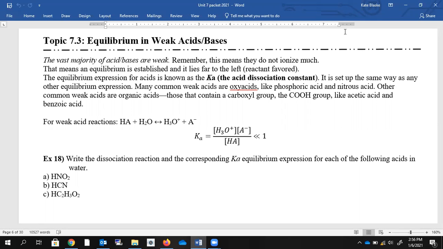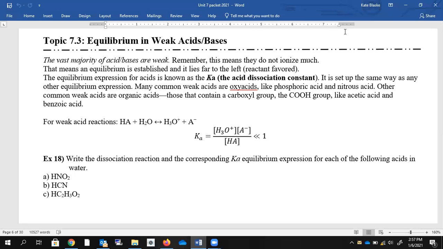Today we're going to talk about how what we learned last unit in Unit 6 is going to apply towards acids and bases. So what we learned in Unit 6 was all about equilibrium. So equilibrium holds for weak acids and weak bases.